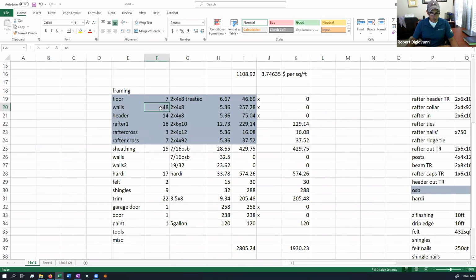So I had to buy 48 of these 2x4s, and the cost at the time was $5.36 for one of them. So the total I was going to spend was $257. All I want you to remember is one 2x4 in December cost me $5.36.